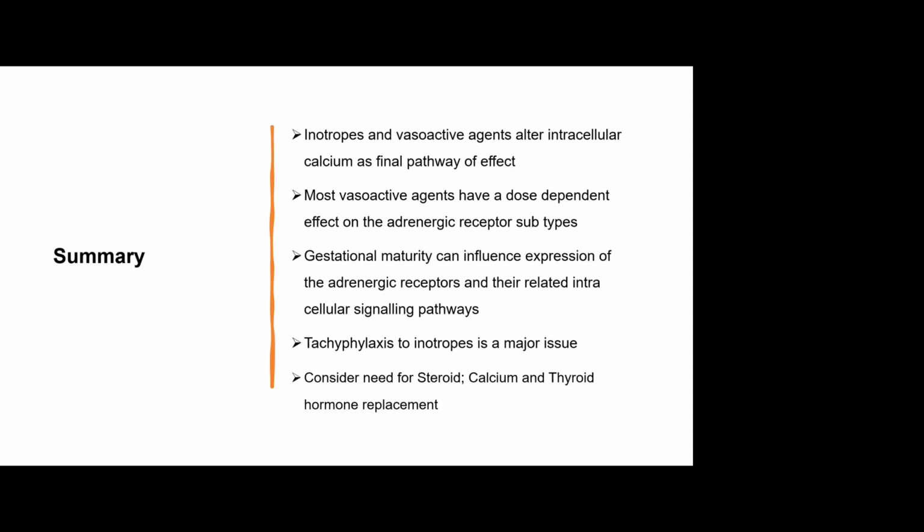A majority of these vasoactive agents have dose-dependent effects, and they have effects on different adrenergic receptor subtypes. And depending on where these receptors are located, the same drug can have a different action.